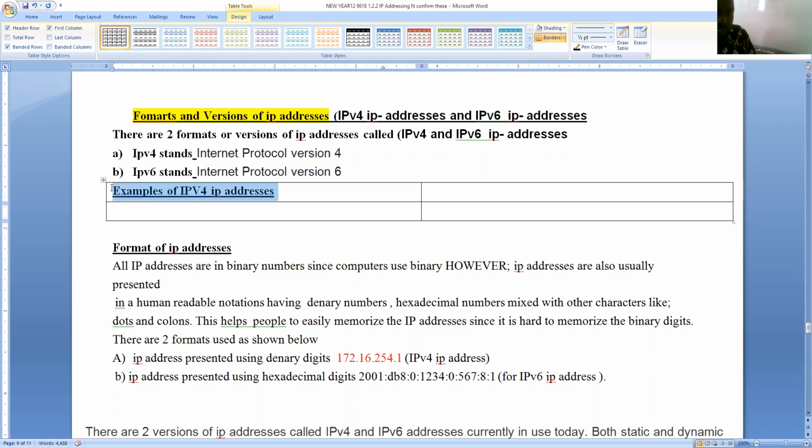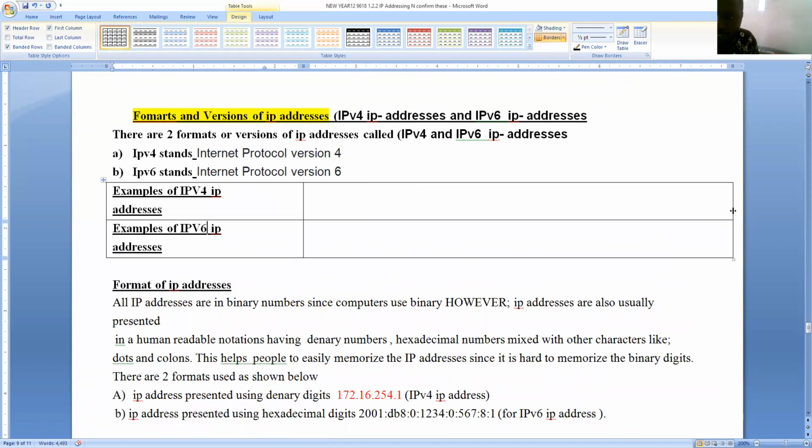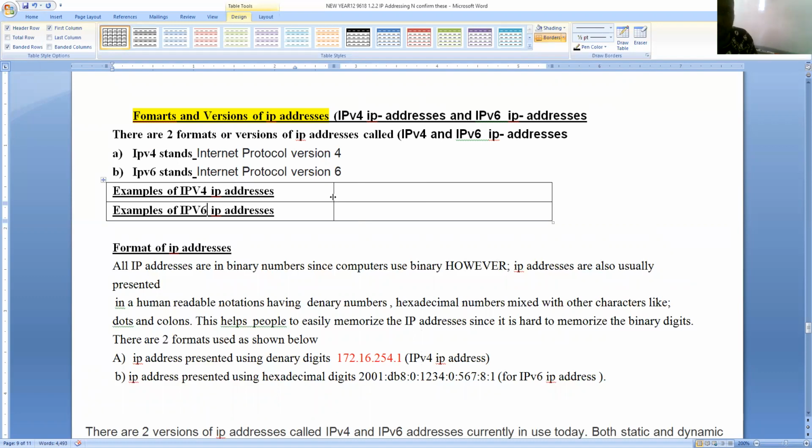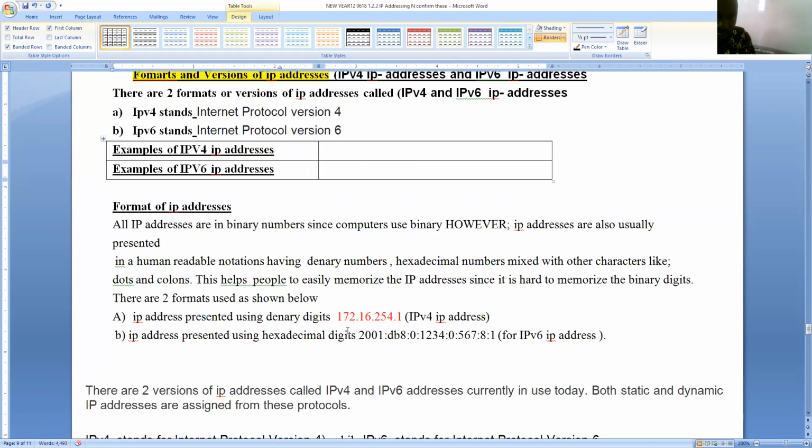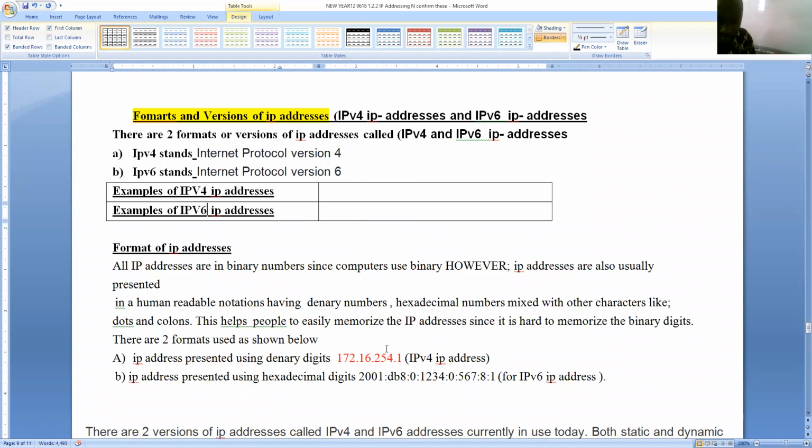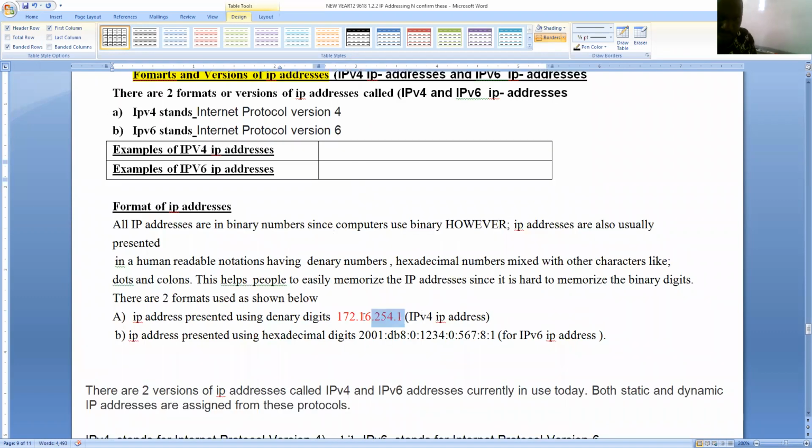Then also we shall have examples here of IPv6 IP addresses. So we'll try to give you a difference in their appearance first of all, because we're looking at how they differ. They first differ in their appearance. Then later, they also differ in terms of other factors.